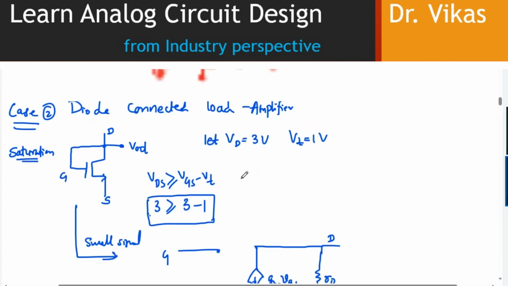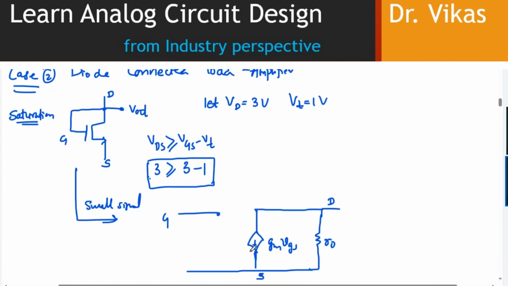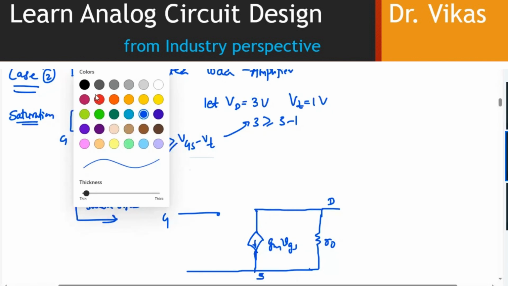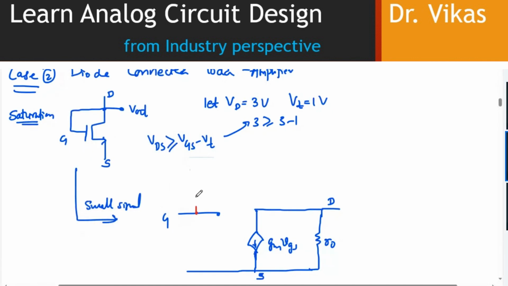Now, this is the representation of a simple MOSFET. But here we can see gate and drain are shorted. So here, gate and drain are shorted this way.